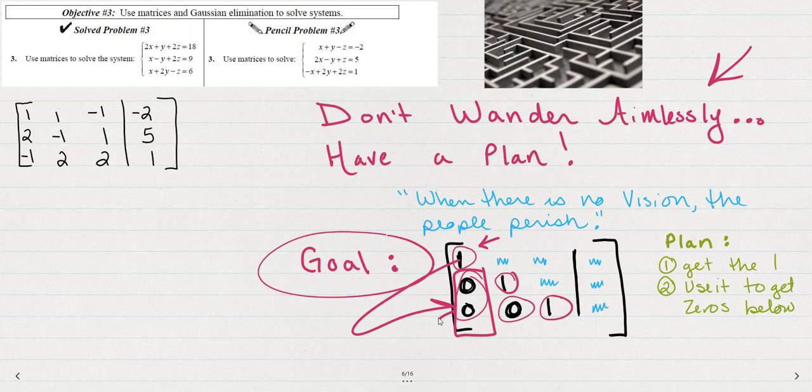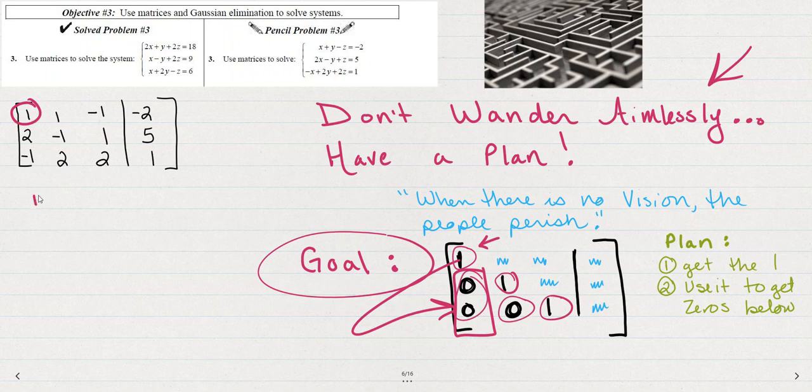Are you ready to try this? How fortunate for us that we've already got the first 1 handed to us. So the first step, if this first number up here wasn't a 1, we would have done some row operations to make it a 1. Now here's one other trick.